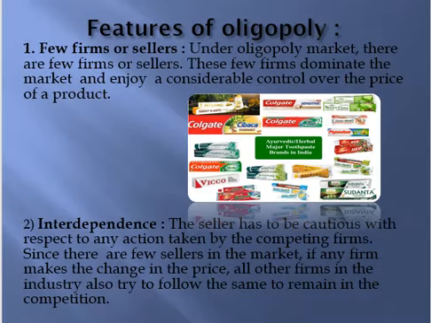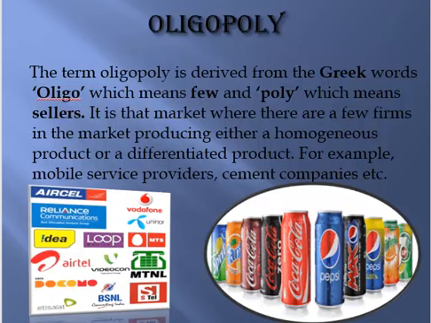So students, today we have learned about the basic meaning of oligopoly. Oligo means few and poly means seller. The term is derived from the Greek word, right? And here the market produces either a homogeneous product or a differentiated product.